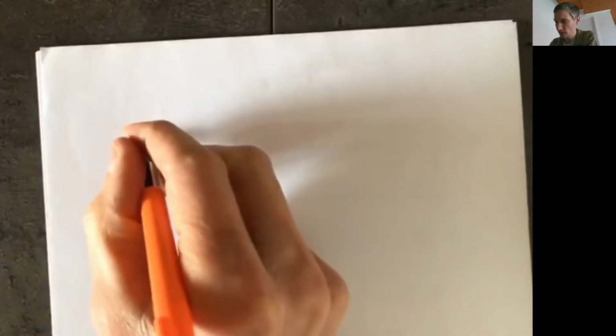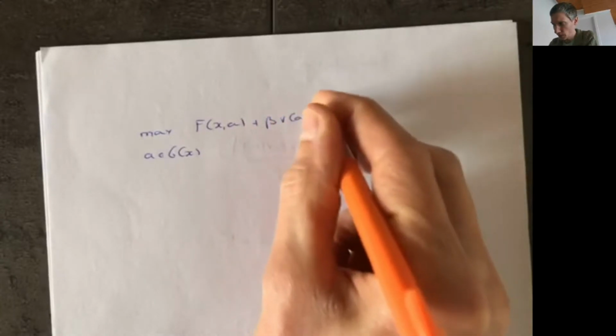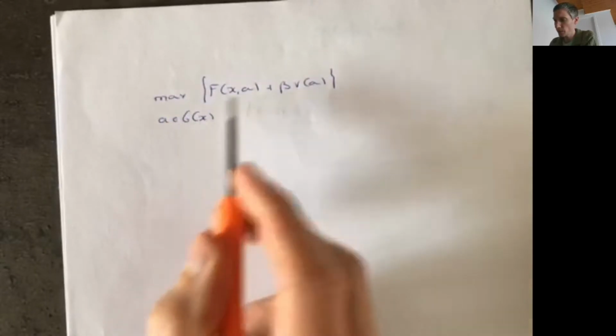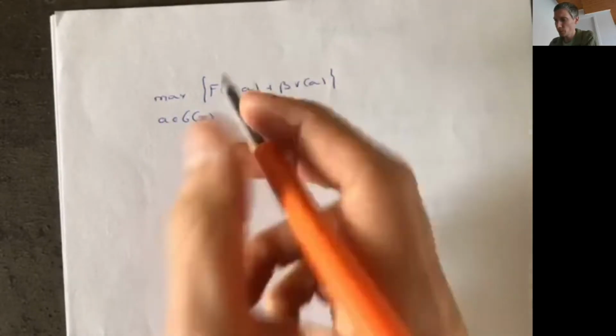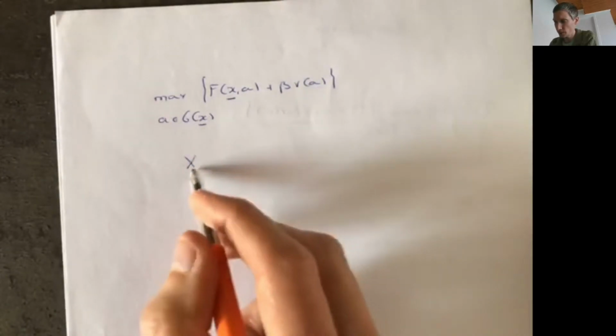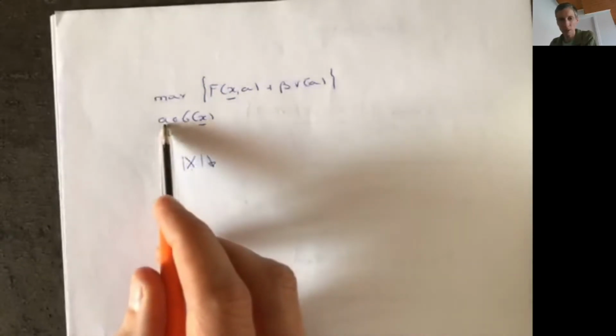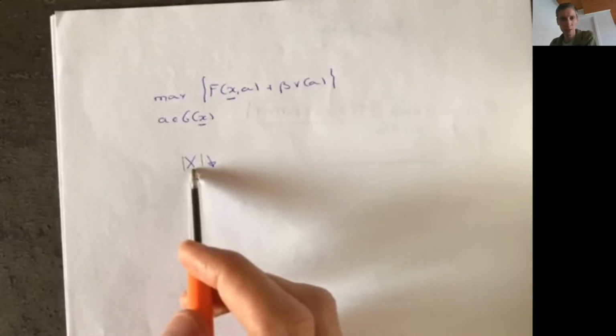Let me try to explain the problem here. You want to maximize with respect to a in G of x of f(x, a) plus beta V(a). So this is our maximization problem. First of all, we can compute this for a fewer number of points x. But normally, if you decrease the size of x, our a is going to be an element of x.